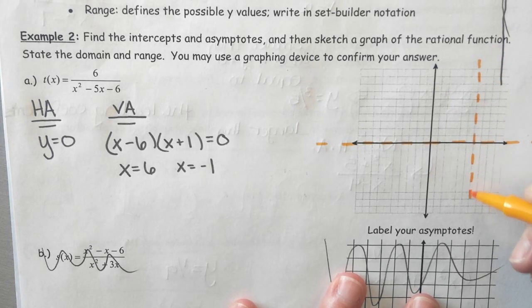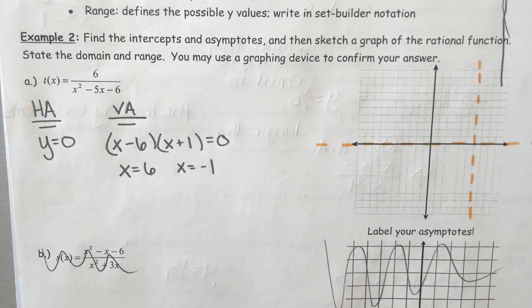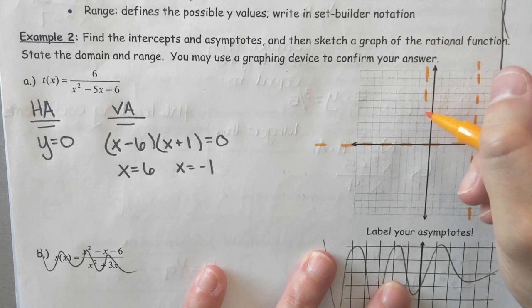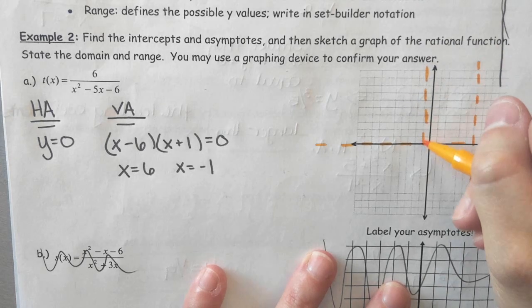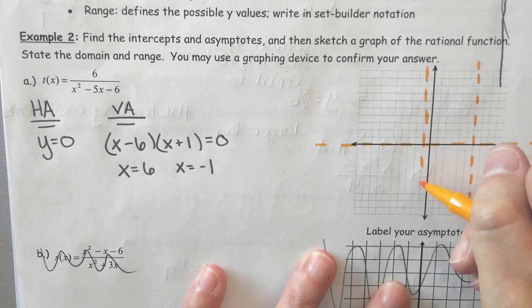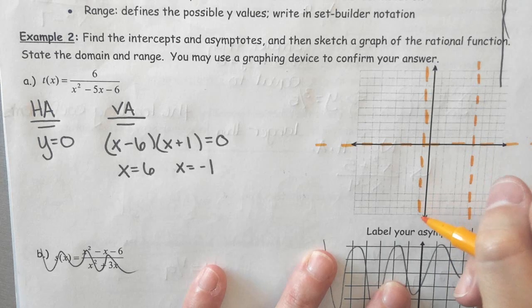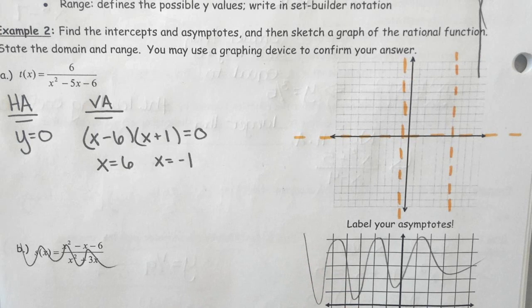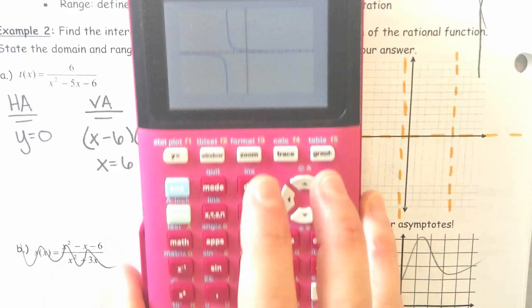They're kind of my barriers, remember? Or boundary lines. And then I need one at -1. Alright, so now I'm ready to actually put my graph in there. I've got my boundaries set up. I'm ready to actually graph.